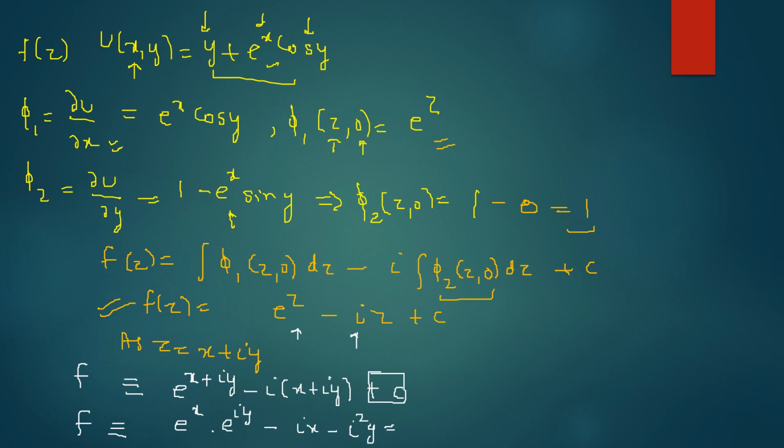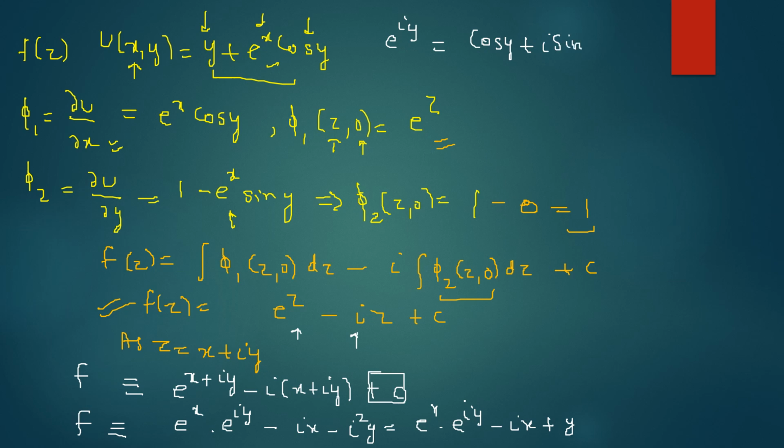So e raised to power x, e raised to power iota y, minus iota x, and we know iota square is minus 1, so minus minus becomes plus y, right? Now you know what e raised to power iota y is according to Euler? It is cos plus iota sin. Correct?